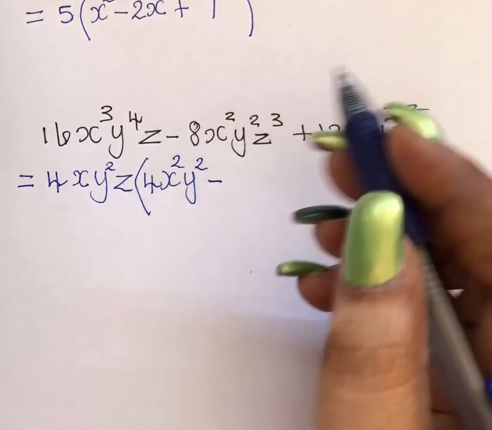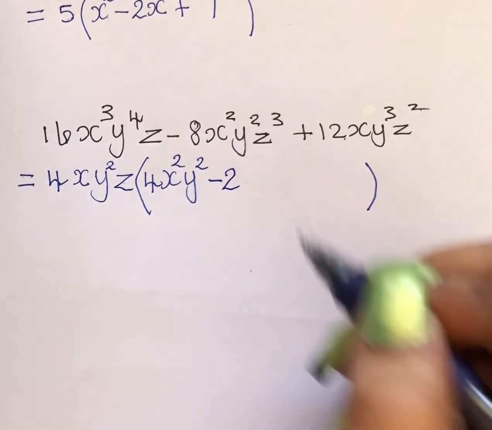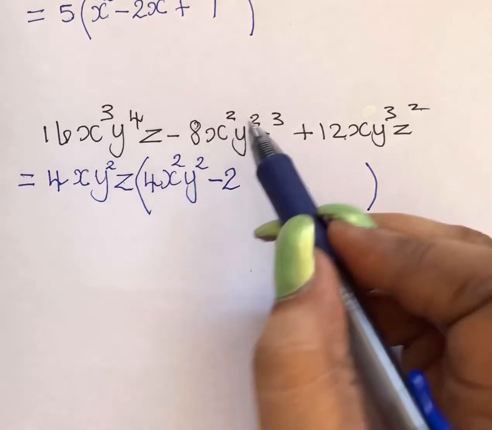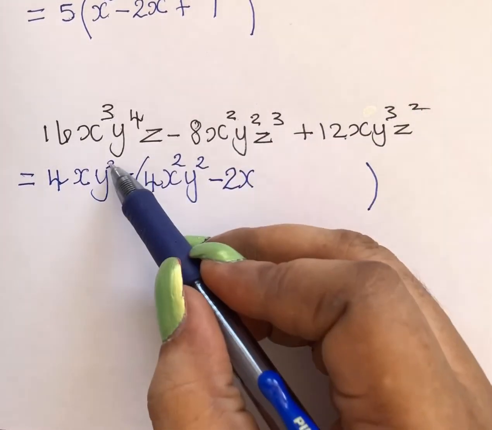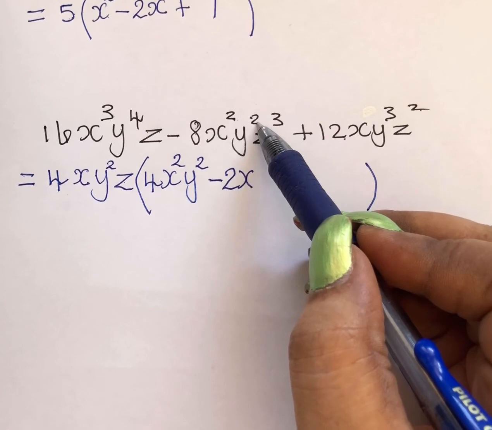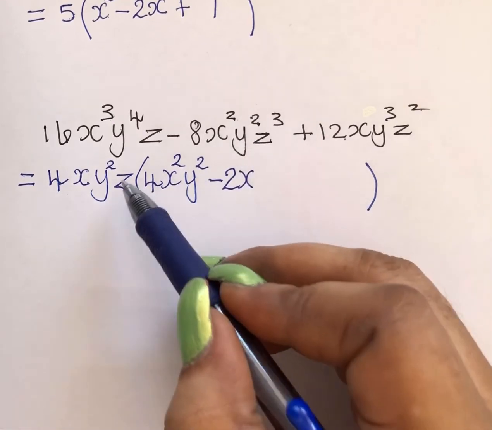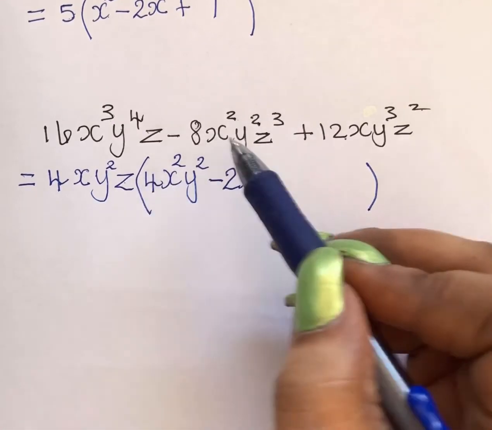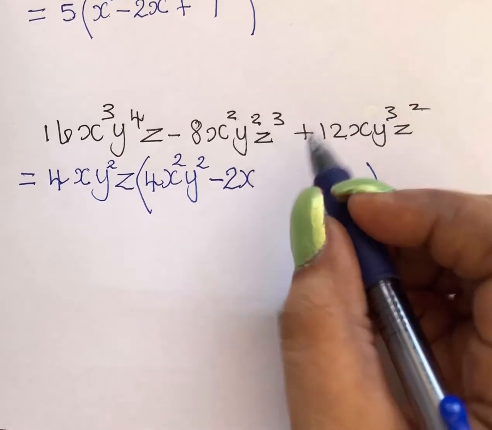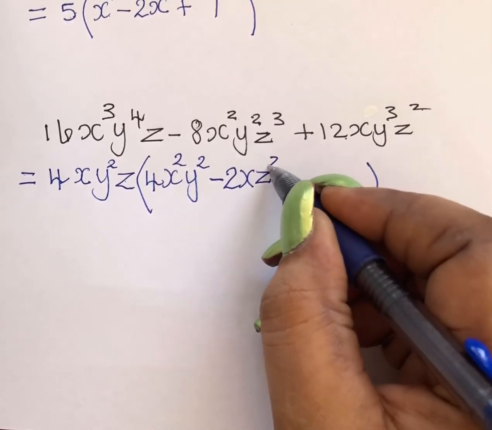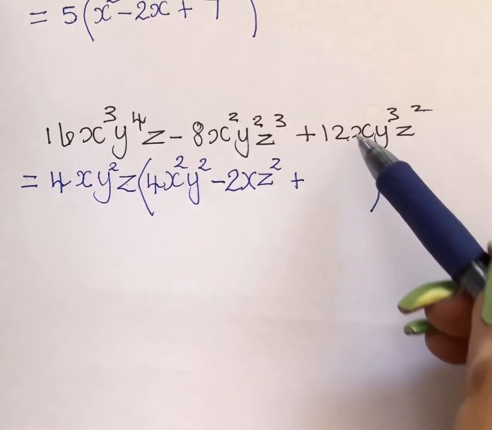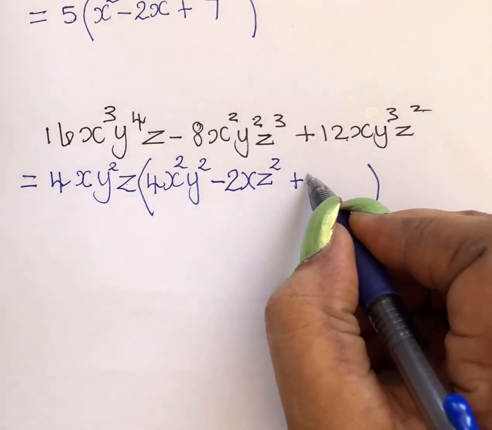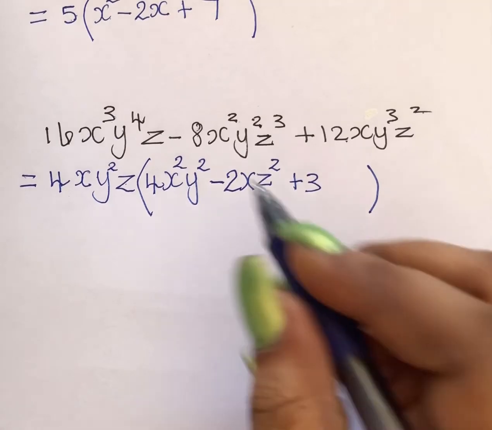4 goes into 8 exactly 2 times. X into x squared will leave us with x. Y squared will be 1, so we do not write anything. And z goes into z cubed and leaves us with z squared. Our last part now. 4 goes into 12 exactly 3 times.